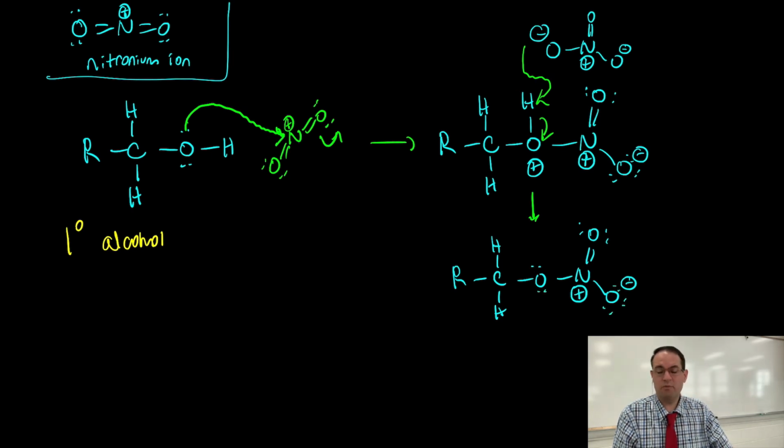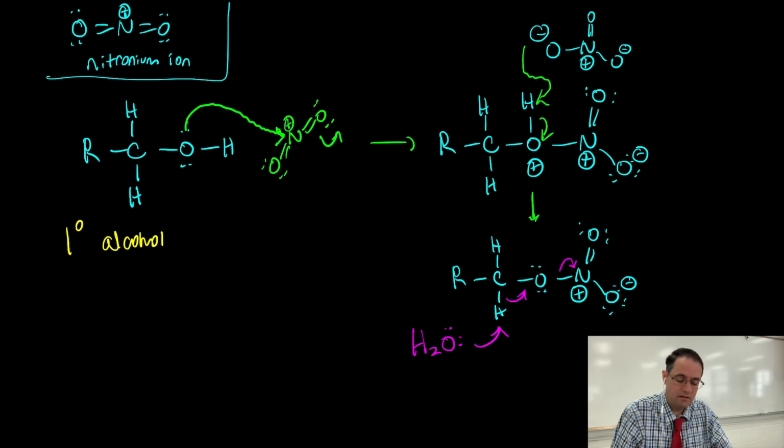So I'm trying to add lone pairs when it's kind of necessary. All right, now what we do is we do the same thing we did with the bromination of aldehydes. We do that elimination reaction. So I'll just use water here as a base, and this is going to eliminate, okay, NO2 minus.